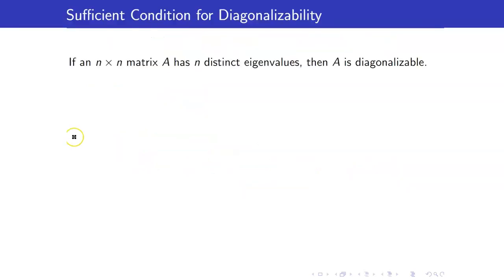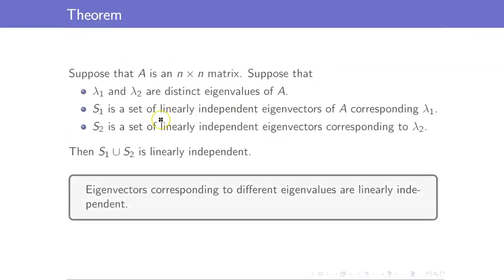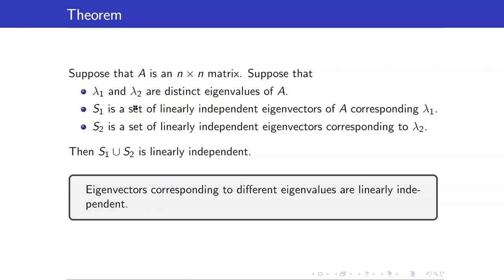Now, a sufficient condition for a matrix to be diagonalizable is that it has n distinct eigenvalues. If all the eigenvalues are distinct, then it is diagonalizable. Why is that? That is just a direct consequence of this theorem, because this theorem tells us that eigenvectors corresponding to different eigenvalues are linearly independent.